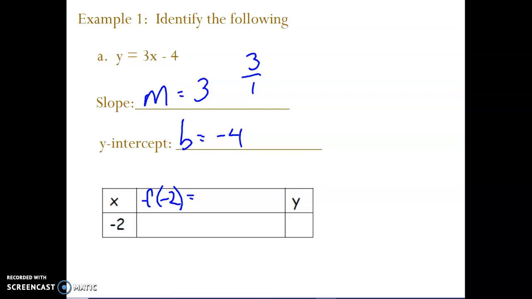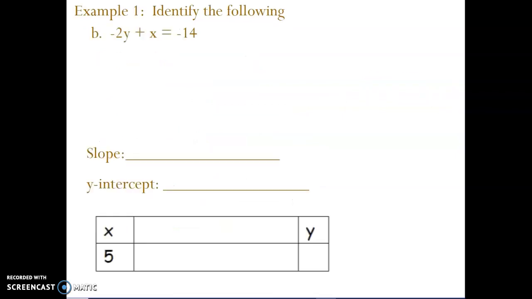And to find that, just like we did before, we're going to substitute in negative 2 for the x. And we're going to work this out. So 3 times negative 2 is negative 6. Negative 6 minus 4 is negative 10. So f of negative 2 is negative 10. That's what it would have looked like on the last test. This is exactly the same thing. It's just phrased a little bit different.